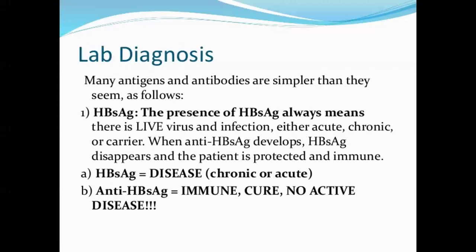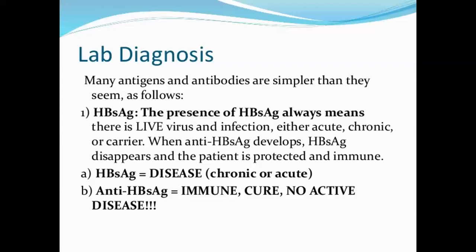So what will be the lab diagnosis? First, hepatitis B surface antigen. The presence of surface antigen always means there is a live virus and infection, either acute, chronic, or carrier.